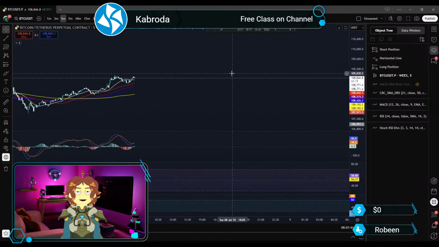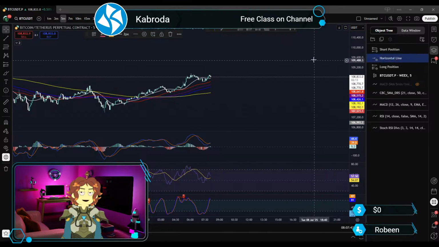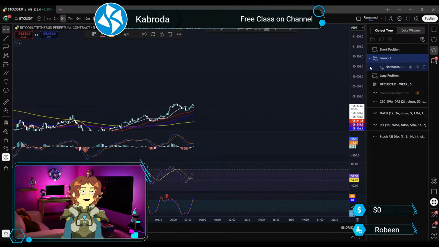Another cool thing you can do in here is, well, you have to have some stuff on there, but say I wanted to put this horizontal line in a group. I can click this, and then I can actually name it, like live stream.